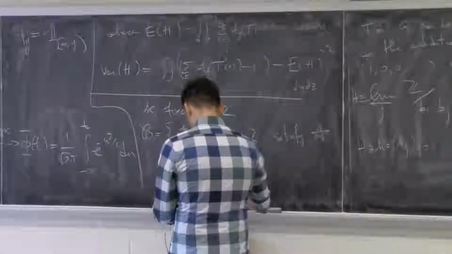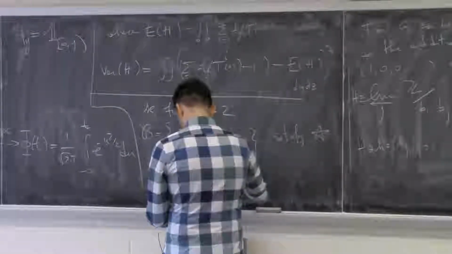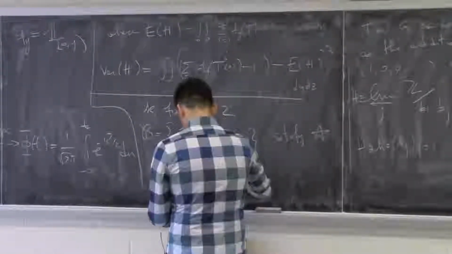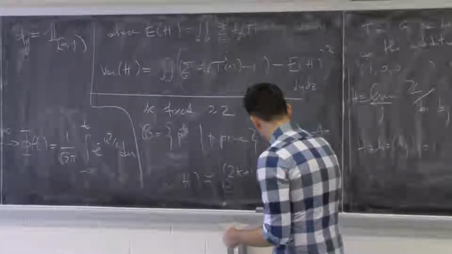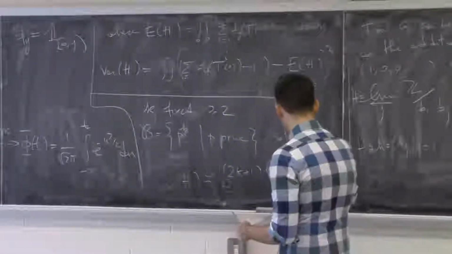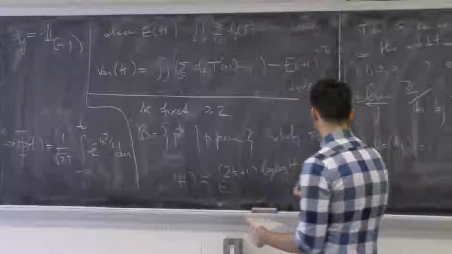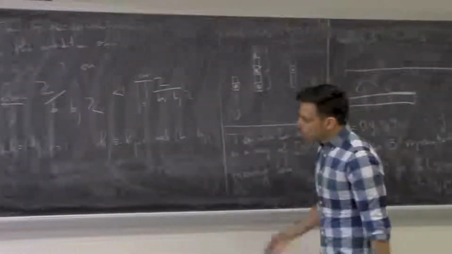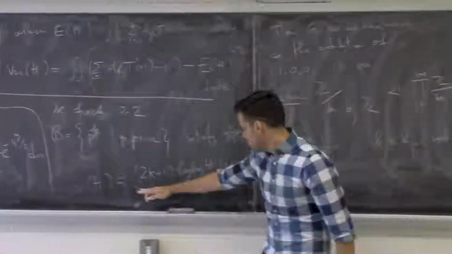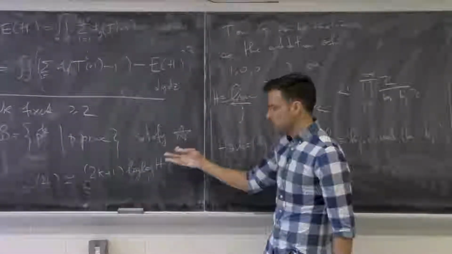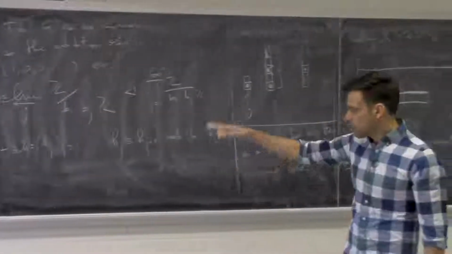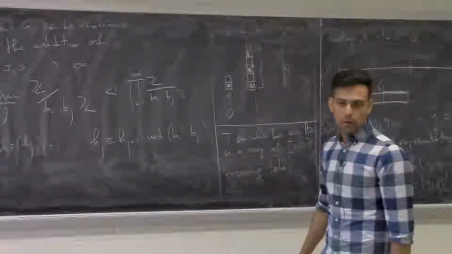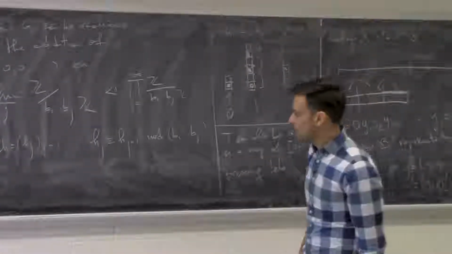So this will be constant times H to the power 2 over (k plus 1), times log H, times 1 plus little o of 1 as H goes to infinity. You can think of this as, imagine that this and the log cancel, so some kind of log H expression up to constants above and below. And E of H?